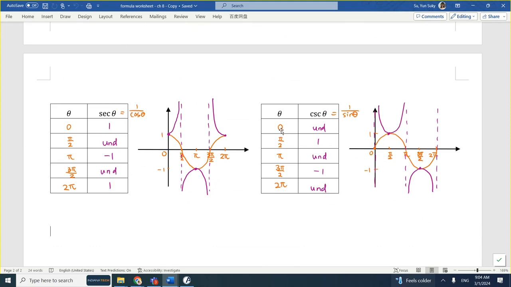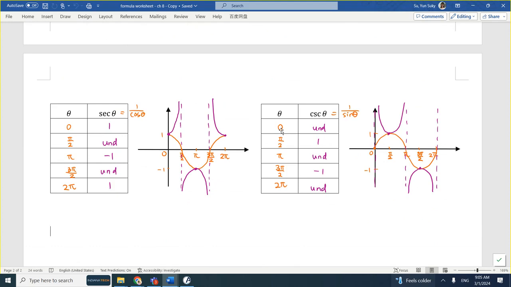So after you draw the graph, the period is the same. If the period is 2 pi, same as sine and cosine. So sine, cosine, secant, cosecant, the periods are all 2 pi. The tangent and cotangent, the period is pi.